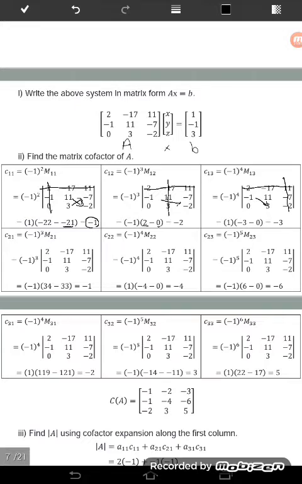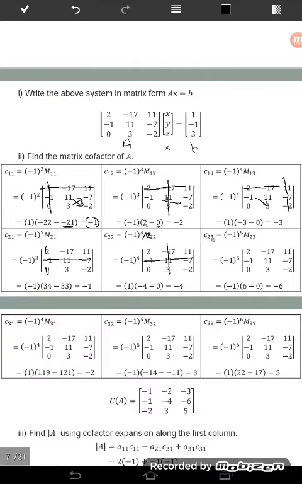Okay, so here C21. Okay, so M21 we close row number 2, column number 1, and then calculate. So we have 1. C22 is equal to negative 1 power of 4 because 2 plus 2 is 4. And then M22, we close row number 2, column number 2, and then calculate the determinant. So we have negative 4.